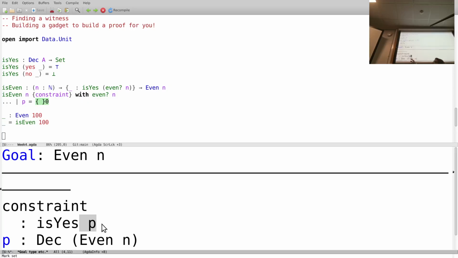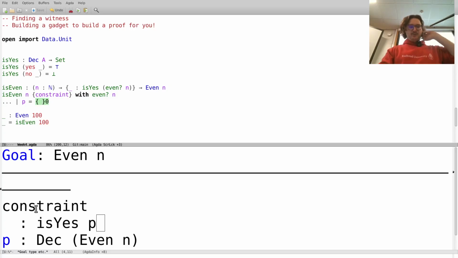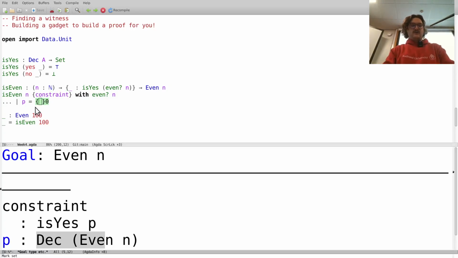Now it's mentioning p, which is this intermediate result obtained by calling even question mark n. So we are not just collecting the results, we're also recording in the type that this value now corresponds to that pattern. And so when we make observations by inspecting the pattern, the type itself will get more and more precise. Now p has type Dec of something, so I can just pattern match on it.